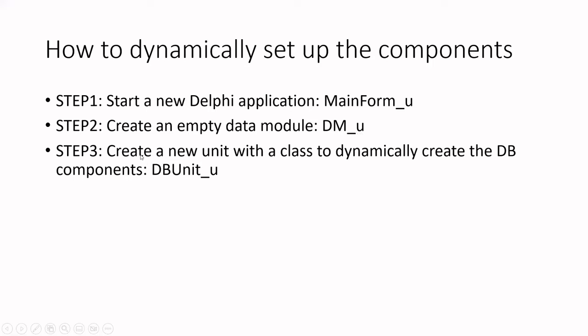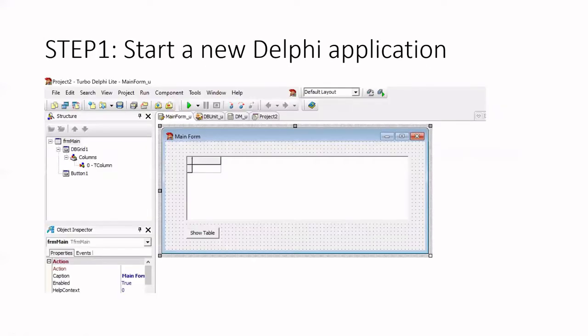The third step would be to create a new unit. In this unit, we're going to create a class, and this class will contain code to dynamically create those 3 database components that we need. So let's look at these 3 steps in greater detail.